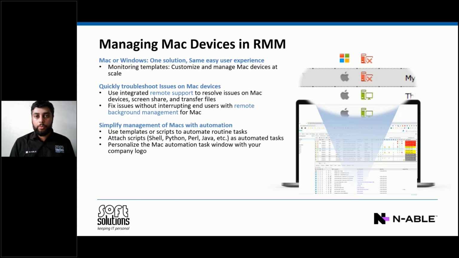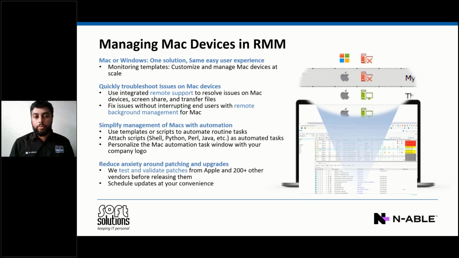Also, you'll be able to utilize automation within the RMM to do some scripting and automate the routine tasks on those Mac devices as well. And lastly, you'll be able to reduce the anxiety around patching.